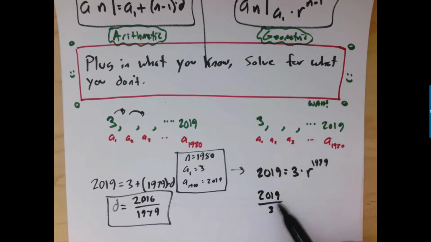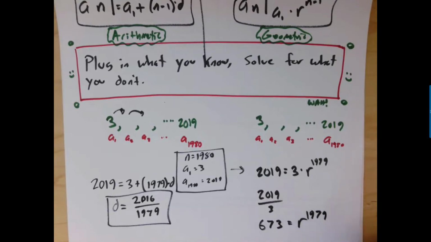This actually is divisible by 3. What is it, though? Okay, hold on. Okay, I just looked it up. It is 673 equals r to the 1979. So now you can just take the 1979th root of 673, and that's your growth rate.